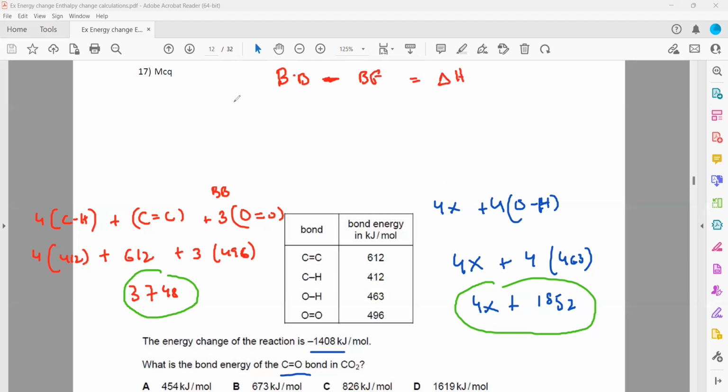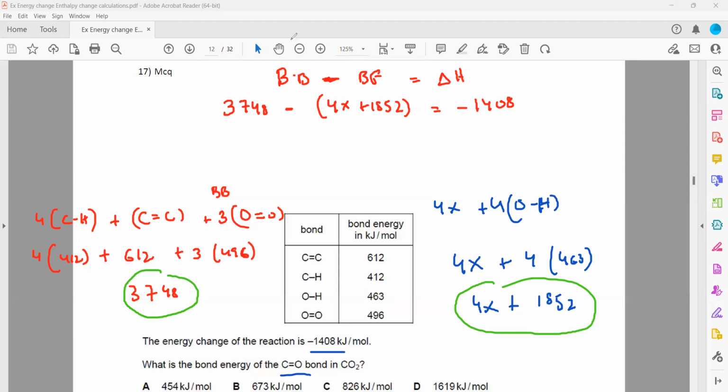The bond breaking energy is 3748. Minus the bond forming energy, which is 4X plus 1852. And the energy change for this reaction is minus 1408, the energy change which occurs when this reaction takes place.